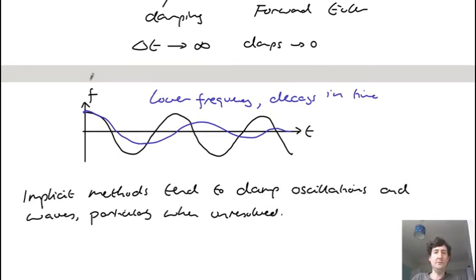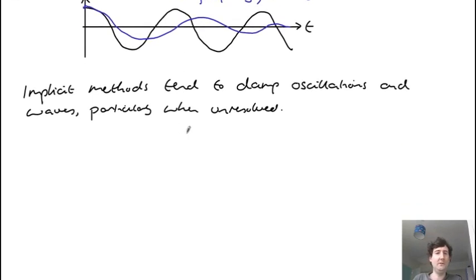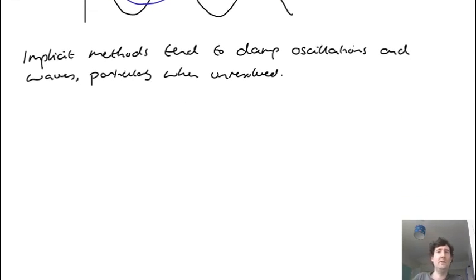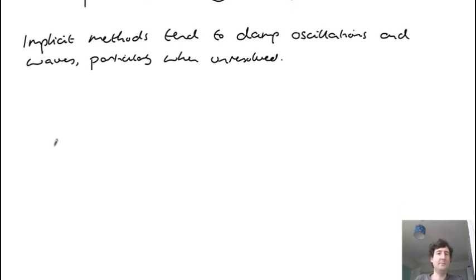So unfortunately there's no such thing as a free lunch, so implicit methods are good in that they can take large time steps, and in some cases this means they can be much more efficient than explicit methods, but there is a price that there are waves which will not be resolved correctly and which will be damped by these methods. But in general, they work pretty well, and in many cases for plasma applications, because there's such a wide range of timescales, they can work extremely well.